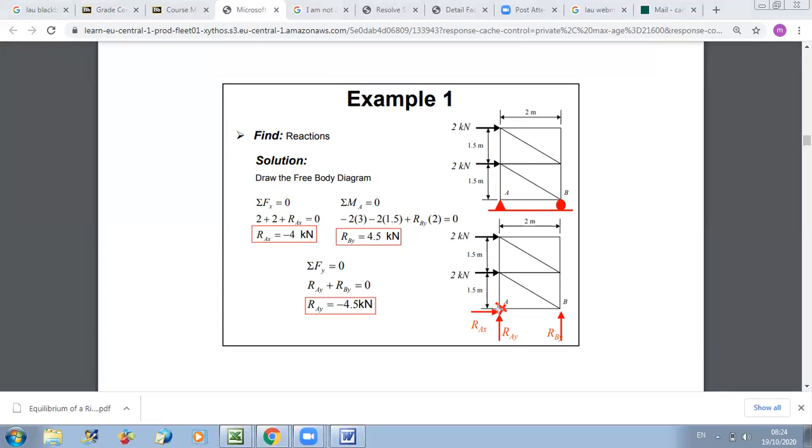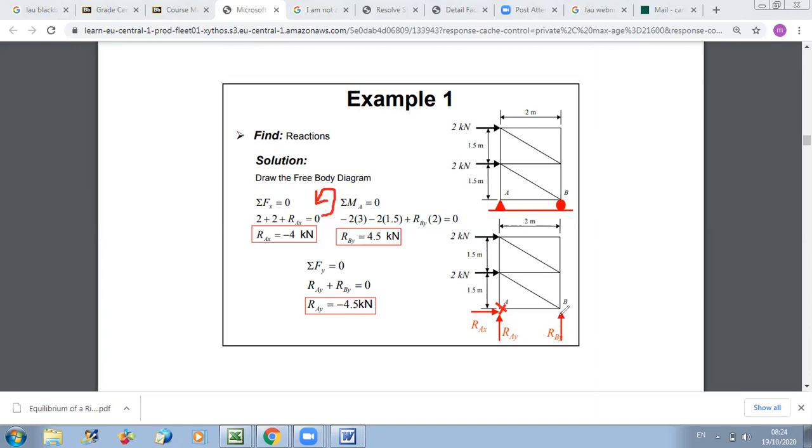So if I do sum of moments about A equals 0, and I choose a positive direction, I can choose the positive direction that I want. For example, if we choose the counterclockwise as positive, we put the arrow like this, showing that we are working in the counterclockwise direction.